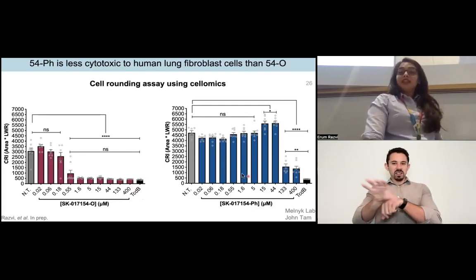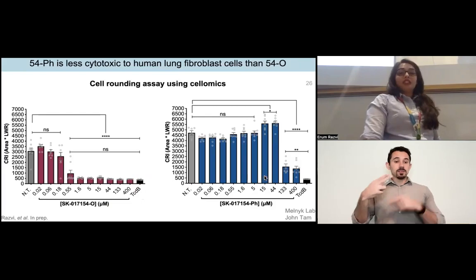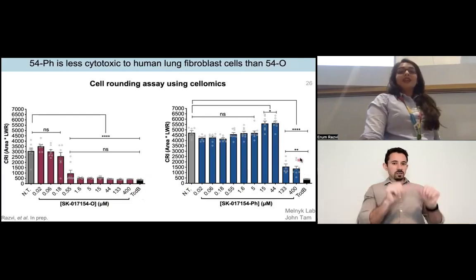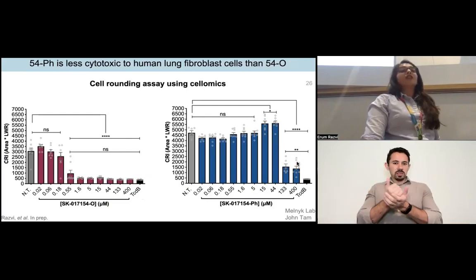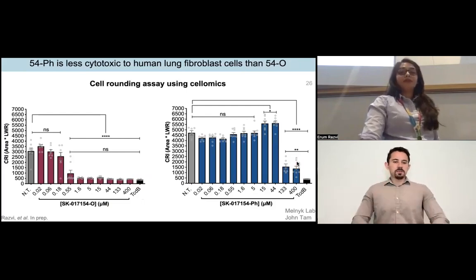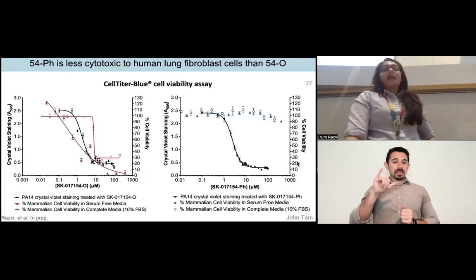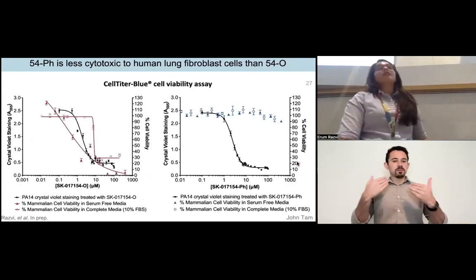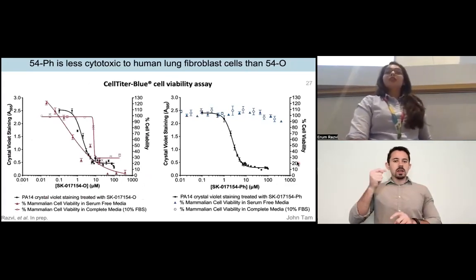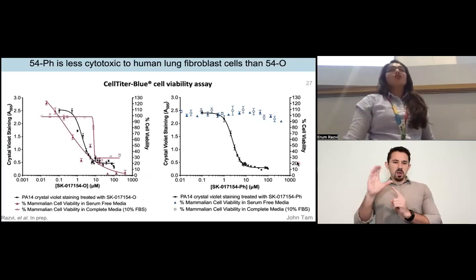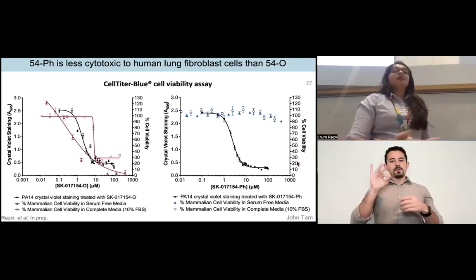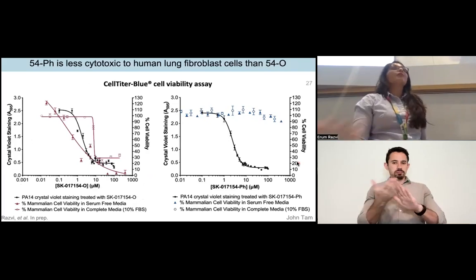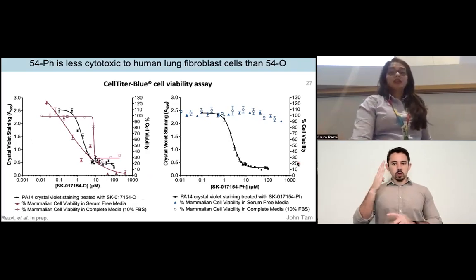54PH, on the other hand, did not influence cell morphology to the same extent. It had a significantly higher CRI than TcdB-treated cells at the highest concentration tested. With the Melnick Lab, we also examined the cytotoxicity of the compounds to human lung fibroblast cells by performing a CellTiter-Blue cell viability assay to quantify metabolically active cells.